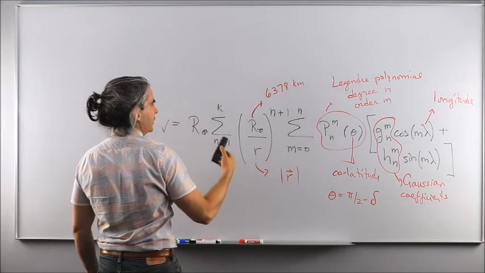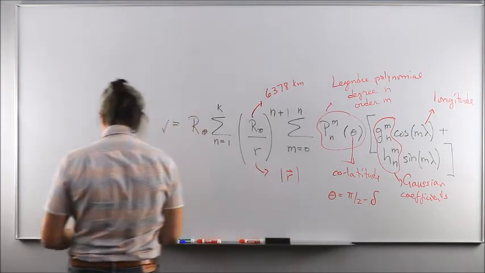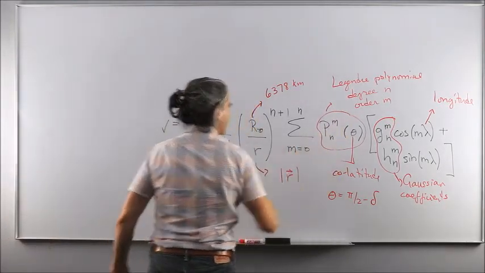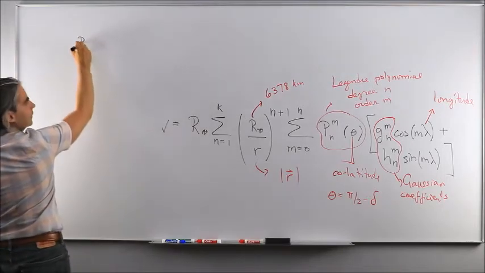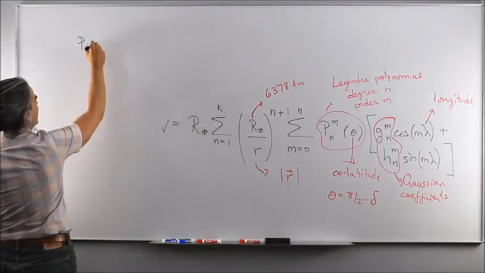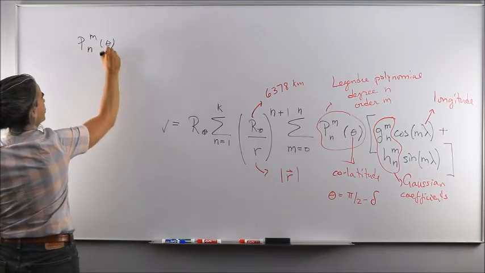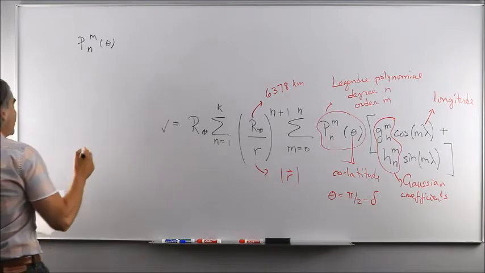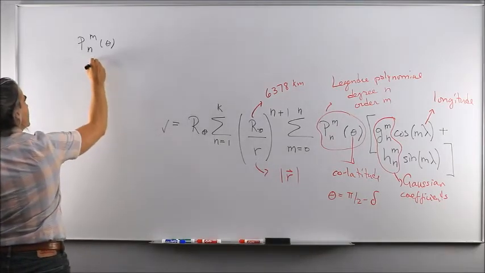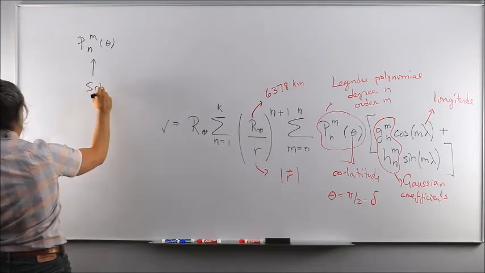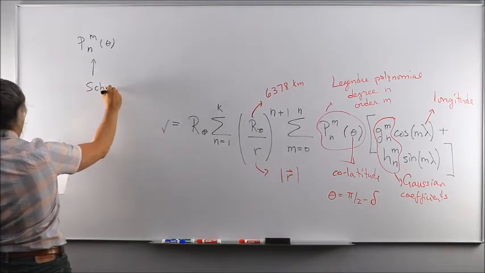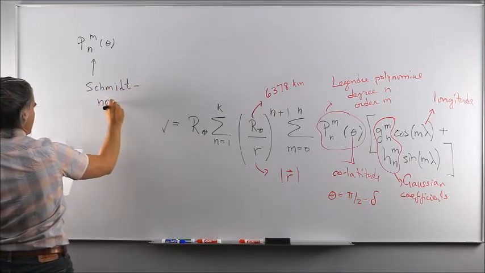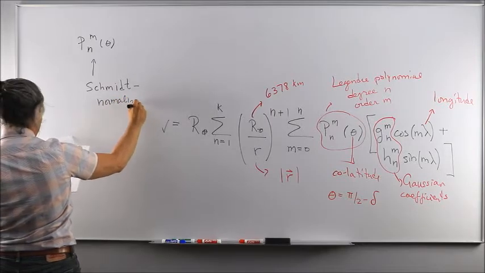But it turns out that it becomes quite a bit more complex, because the problem is that those polynomials, P of degree n and order m as a function of the co-latitude, need to be what's known as Schmidt, S-C-H-M-I-D-T, normalized.